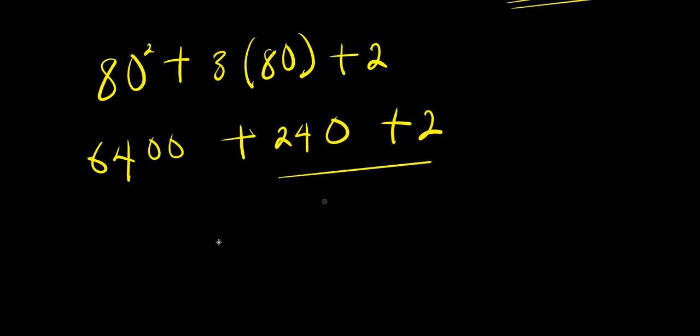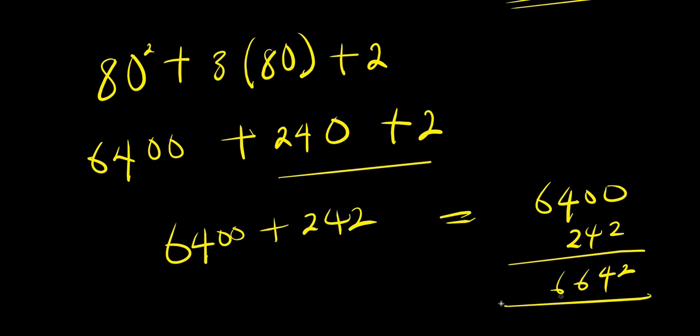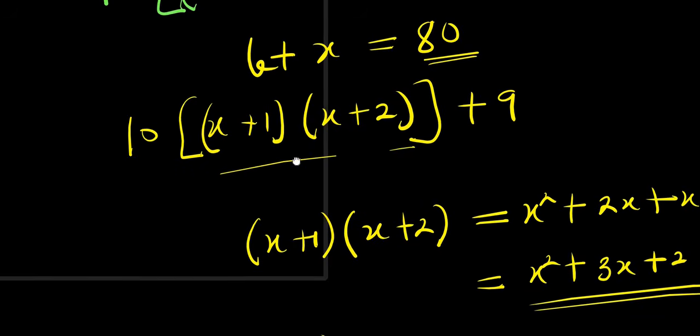So 240 plus 2, 242. So this is 6400 plus 242. So this will give us 6642. So that means we are going to multiply that by 10.